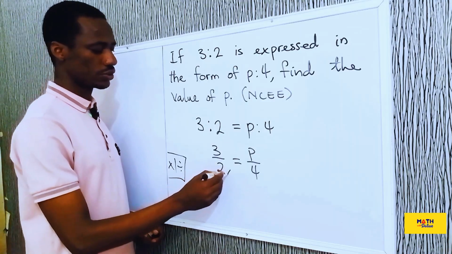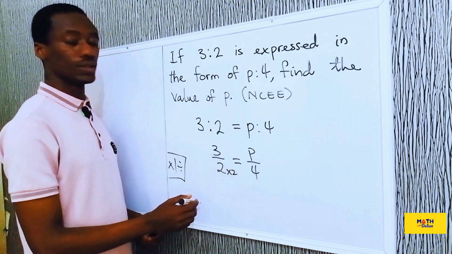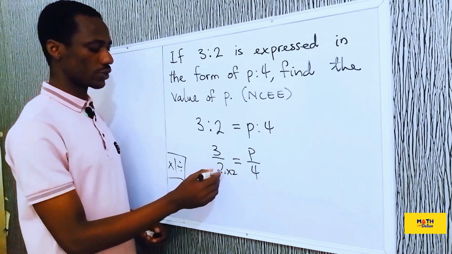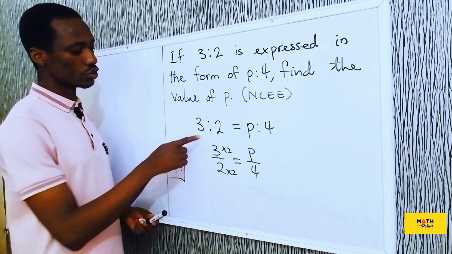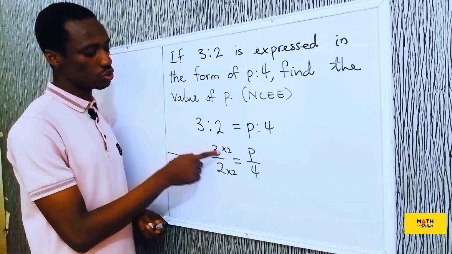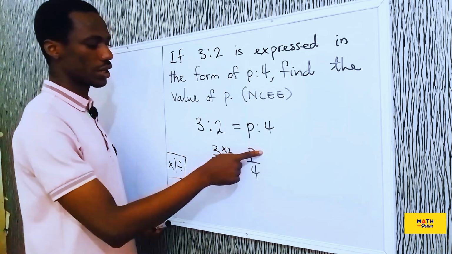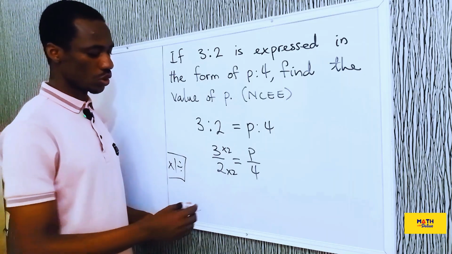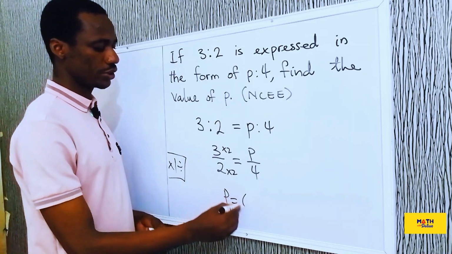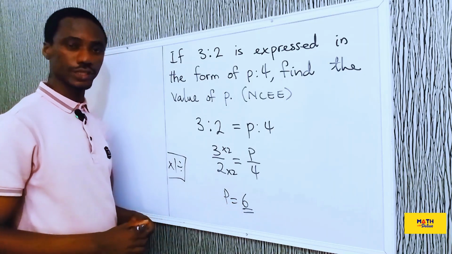All right, we know that's times 2, right? 2 times 2 is 4. So that means we're going to do this same thing upstairs. So to the numerator, we'll also do times 2, and that will give us the value of P. So 3 times 2 equals 6, and then P equals 6.